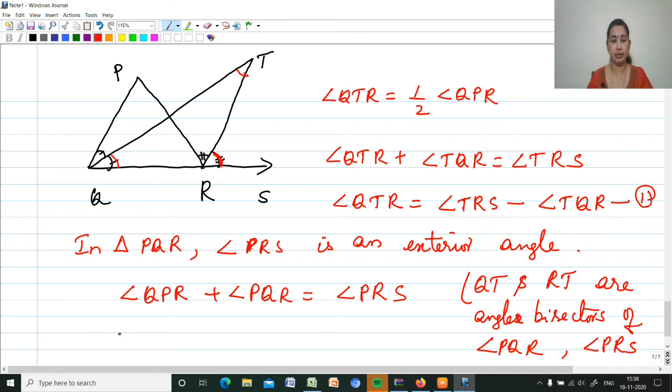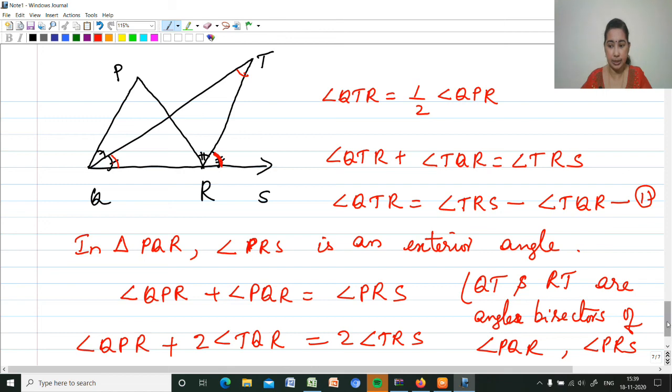So we can write angle QPR plus, instead of angle PQR, 2 times angle TQR, because it is an angle bisector and these two angles are the same. So 2 times angle TQR is equal to, PRS can be written as 2 times angle TRS.